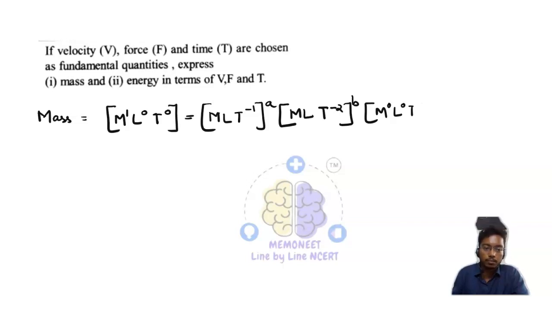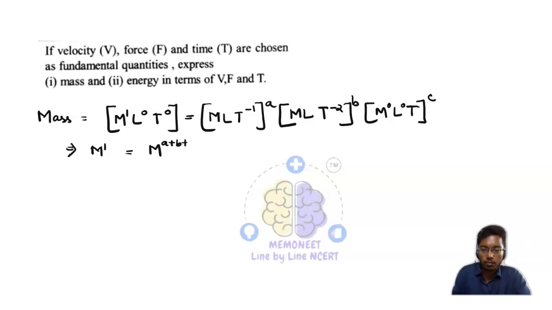For the time, (T)^c. We don't know the value of the powers here. So if we compare, we have 1 here, that is equal to, here the M power is a plus b plus c.